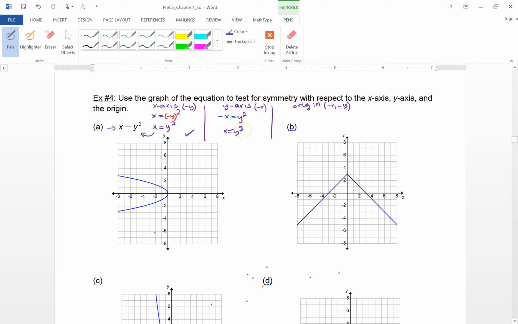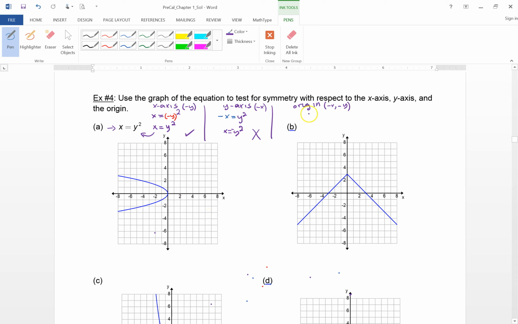Did I get the same function back? No. So it fails the symmetry test for the y-axis. It's x equals negative y squared, like the same arch. It's just flipped around.